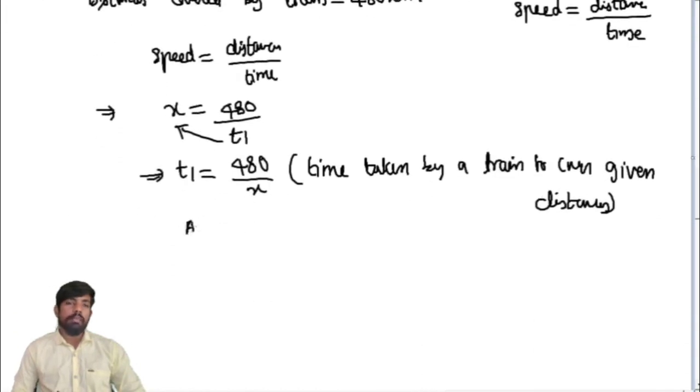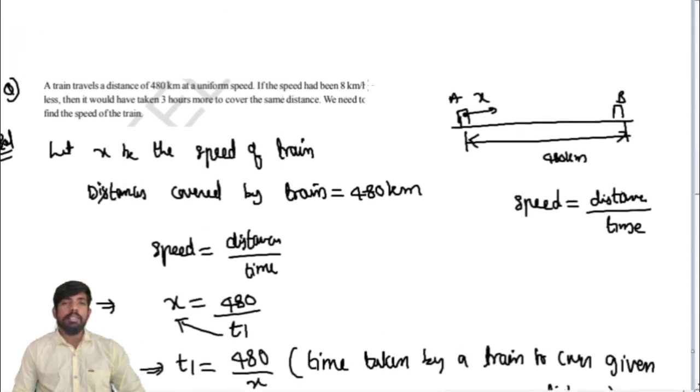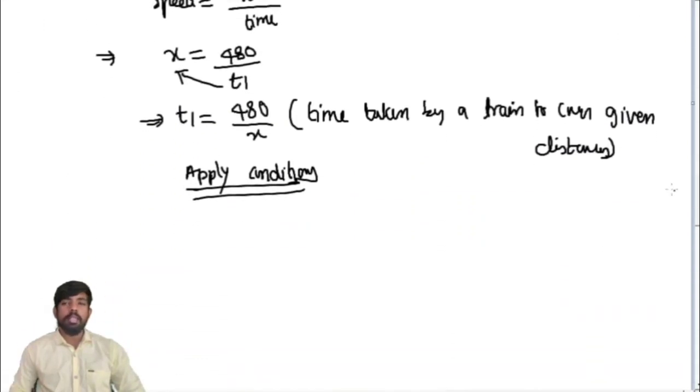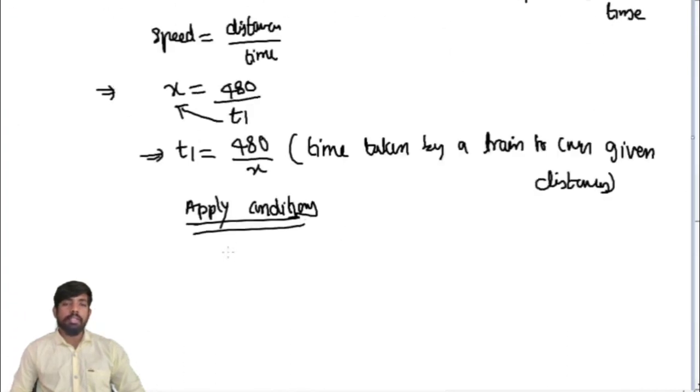Initially x is the speed. Now, applying the condition, the speed is increased by 8 kilometers per hour.